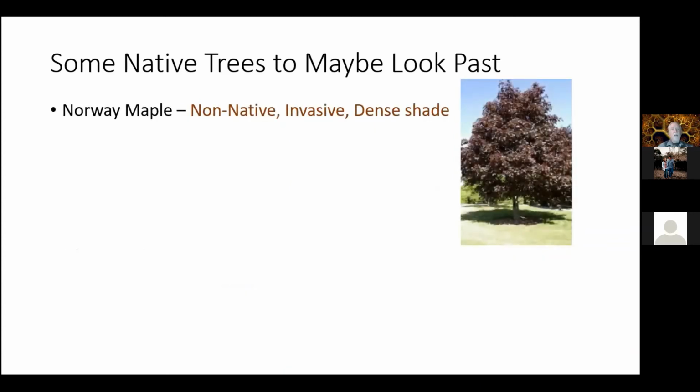Norway maple. Now, this is the first non-native tree that I'm showing you, and I'm only showing it to you because nurseries like to carry them. And yes, they come in these attractive colors. This is a cultivar that's purplish, reddish, burgundy, whatever you want to call that color, all season long.